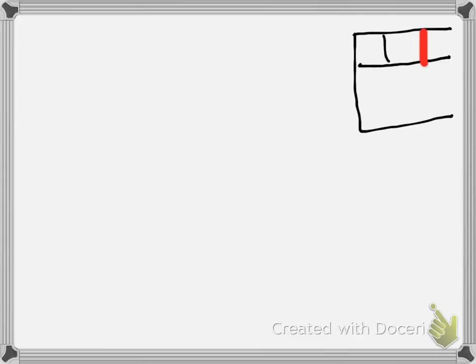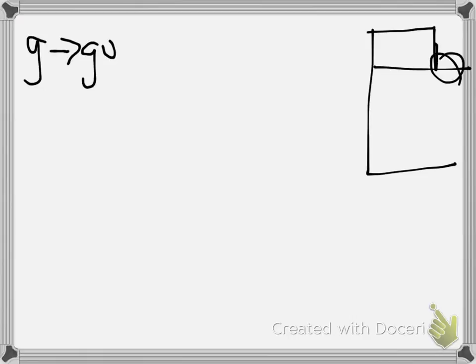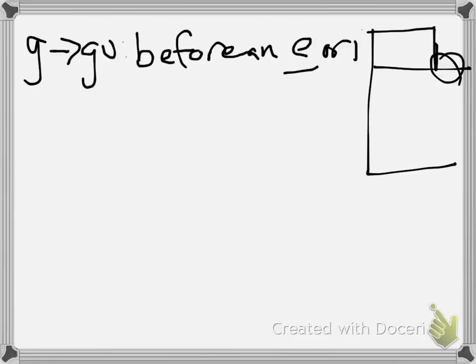So now I'm going to be talking about this section in the top right hand corner right there. The first one is G to GU, and that happens before an E or I. For example, the verb jugar, which means to play.